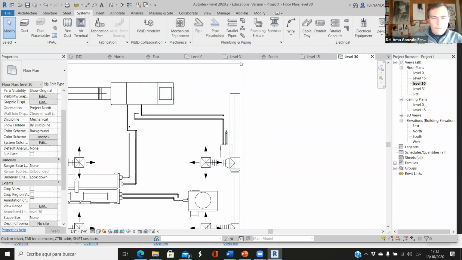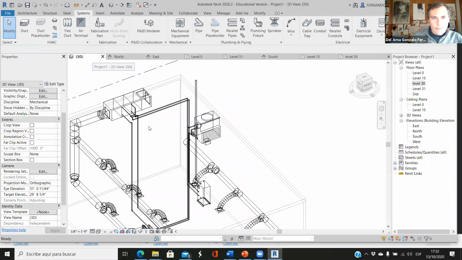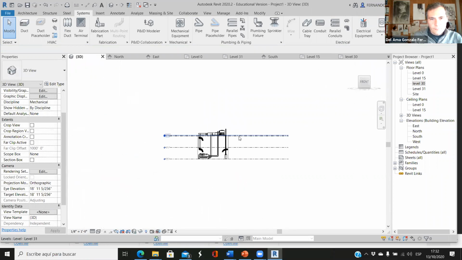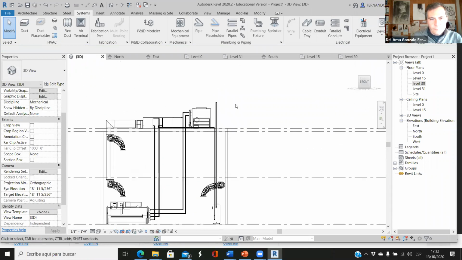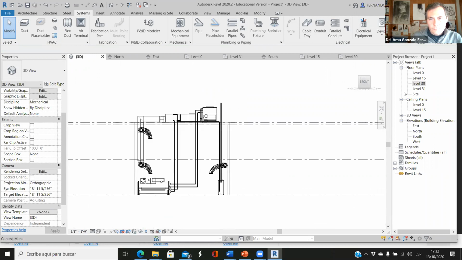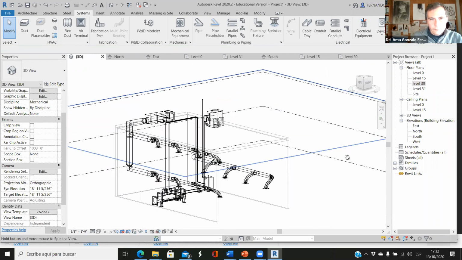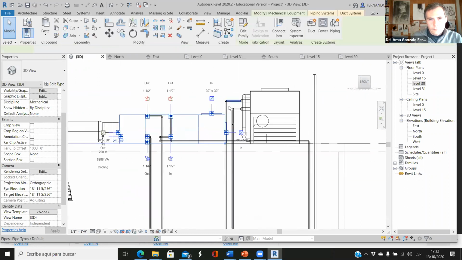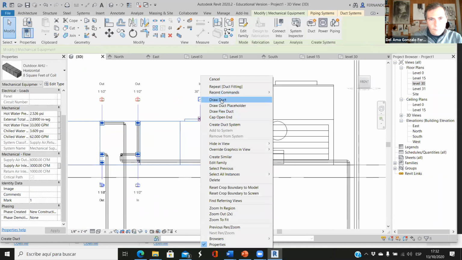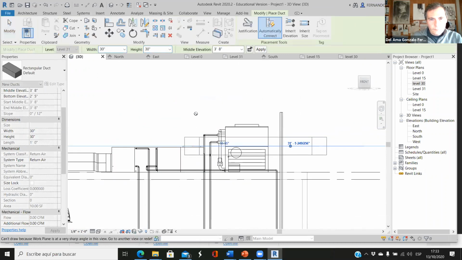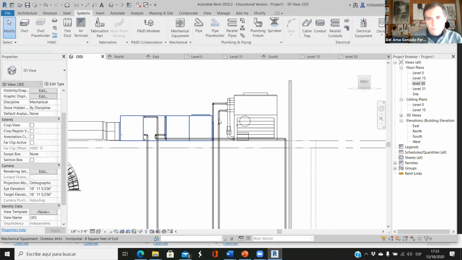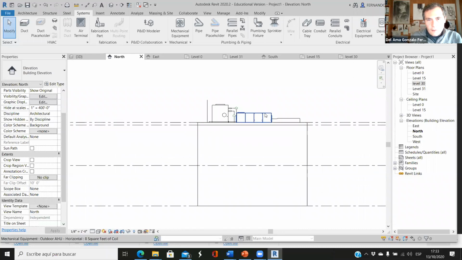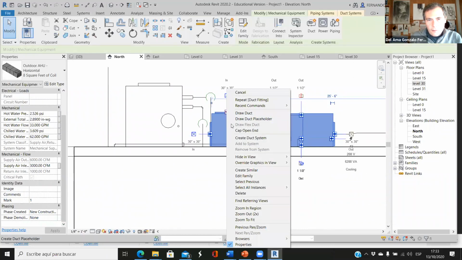And from this now, oh, I have to use the north elevation to go up.